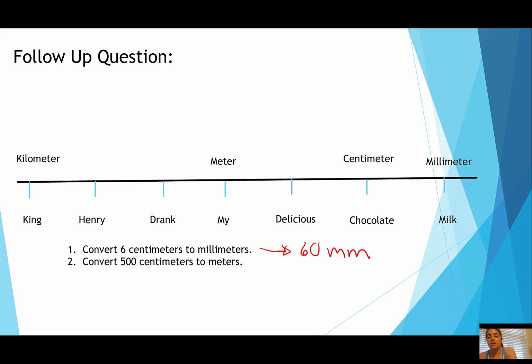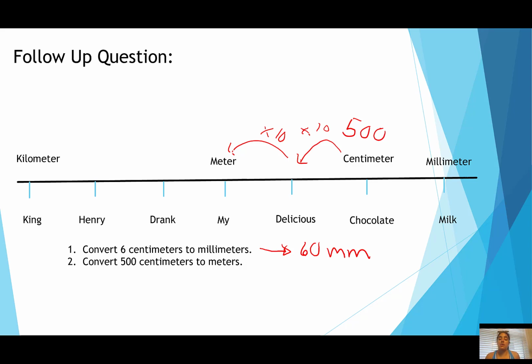Now I have 500 centimeters. And I want to convert it to meters. So I'm going up 2 spots. That's times 10 times 10, which is 100. So it's 100 times bigger.